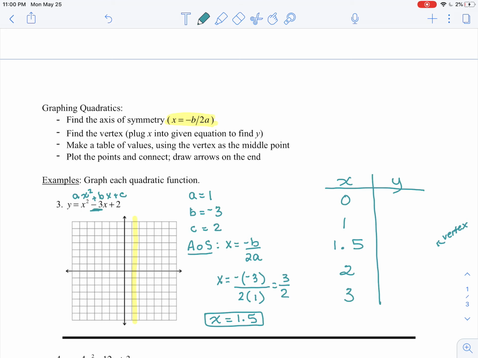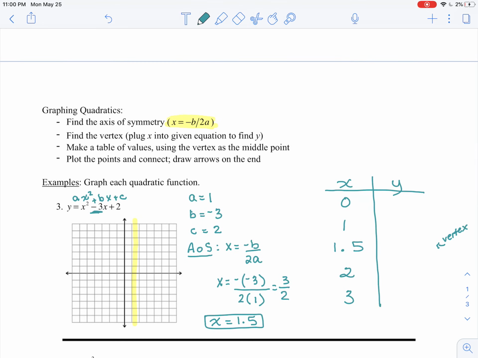Okay, we're then going to plug each of these x values into our equation to find the matching y value. So if x is 0, when I plug back into the original problem, it tells me y equals 0 squared minus 3 times 0 plus 2. Well, 0 squared is just 0.